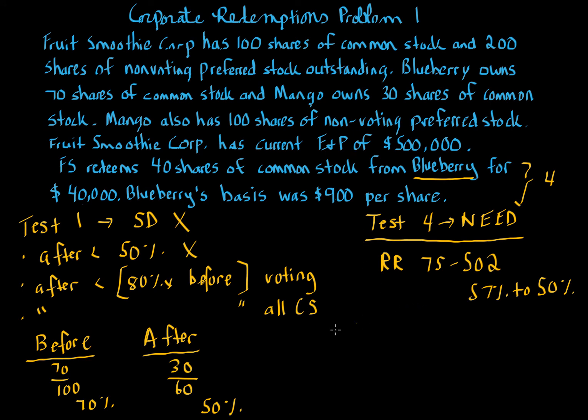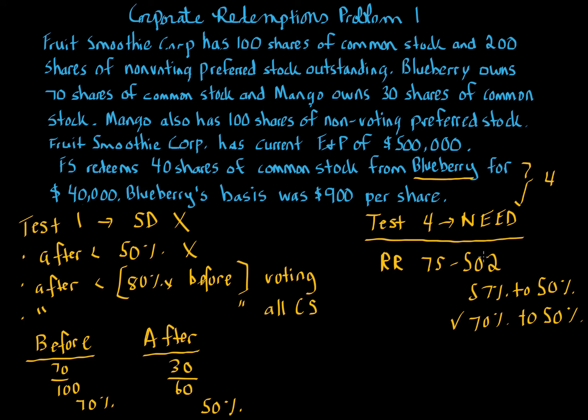And here, Blueberry goes from 70% to 50%. So this is extremely similar because we've gone from owning more than 50% and exerting control to 50%. And that is going to be viewed as the same. So in this transaction, this would be not essentially equivalent to a dividend.